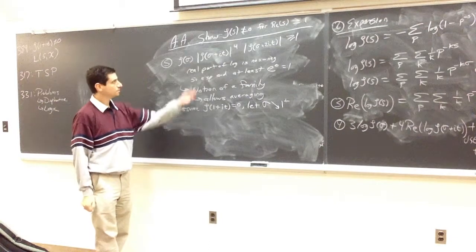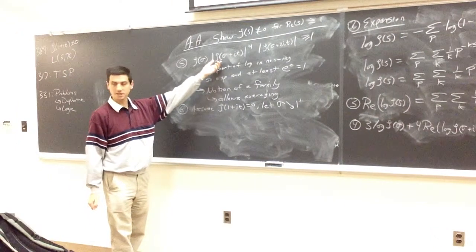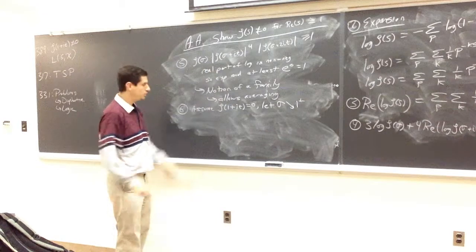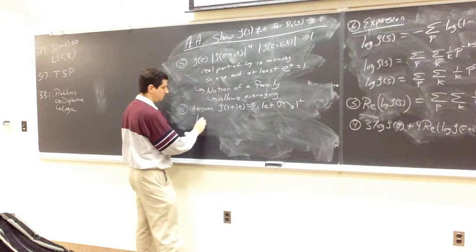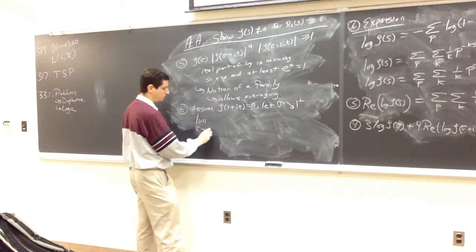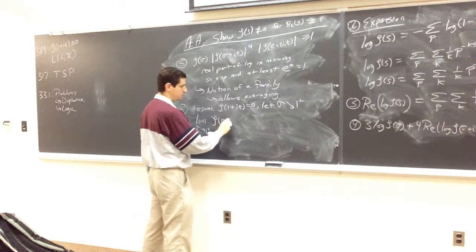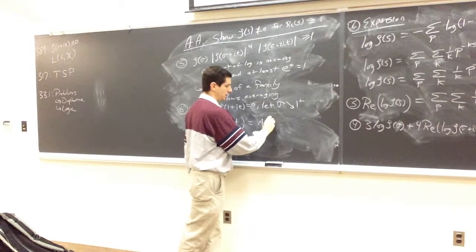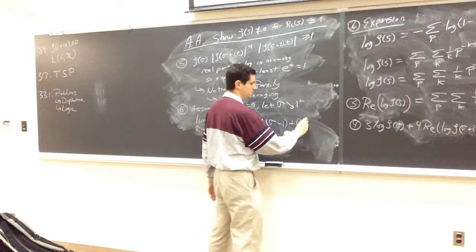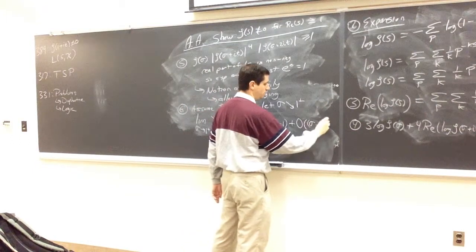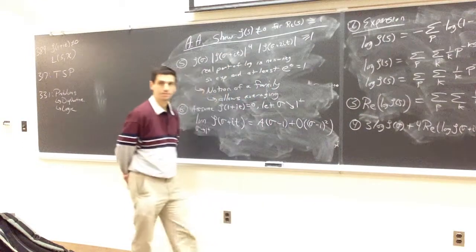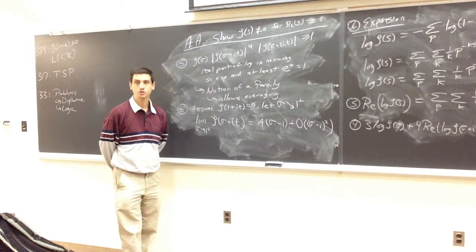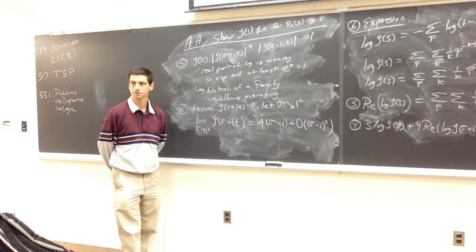If this is 0, then the limit as sigma goes to 1 from above of zeta of sigma plus it has to look like a times sigma minus 1 plus something of size sigma minus 1 squared. That's what it means for the function to have a 0.